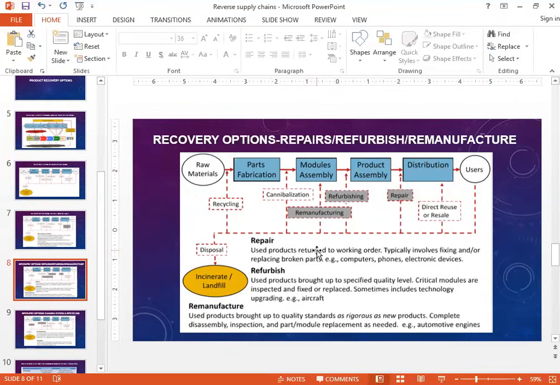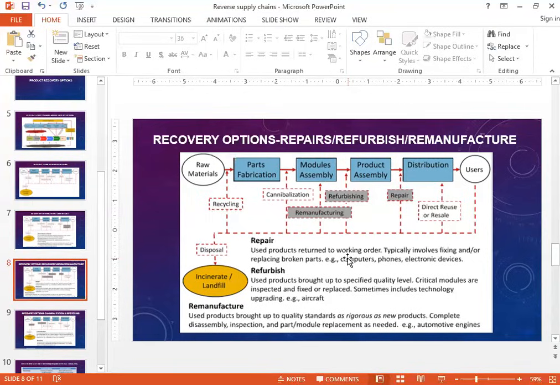Repairs are when there's something very small that needs fixing, and so just a little bit of work is done to it. For example, perhaps one particular button is non-functional in a phone. I'm just giving an example, or some small thing.